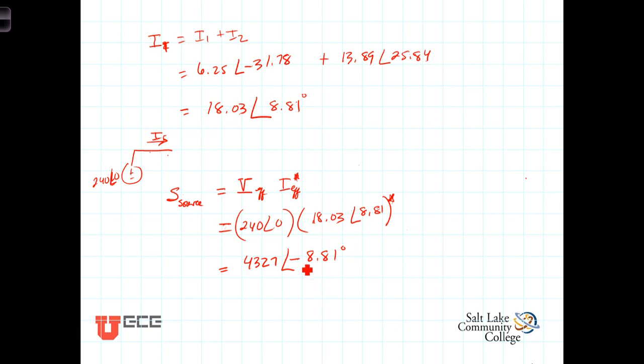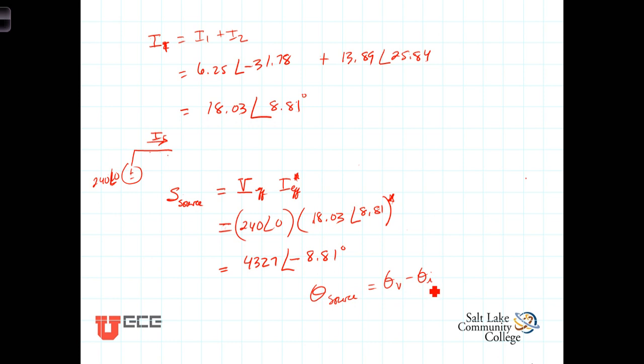Negative 8.81 degrees. That means that theta of the source, which is equal to theta V of the source minus theta I of the source, is negative.